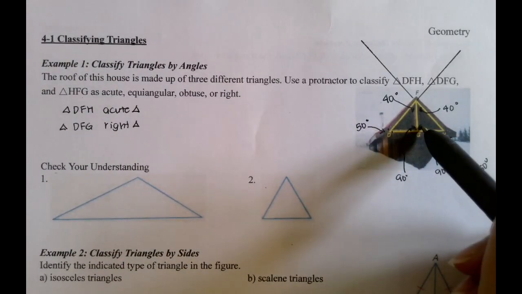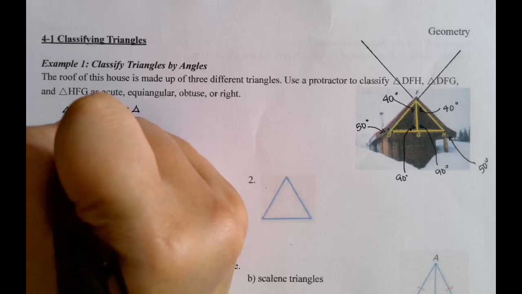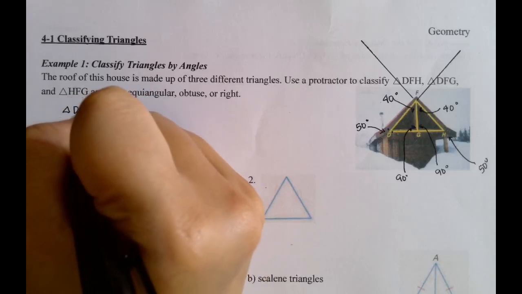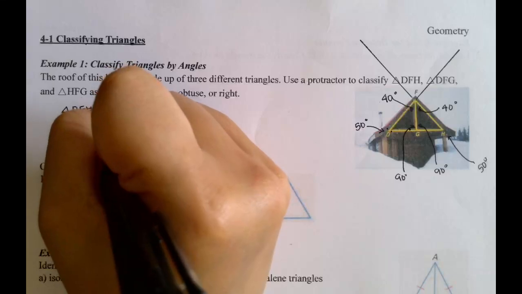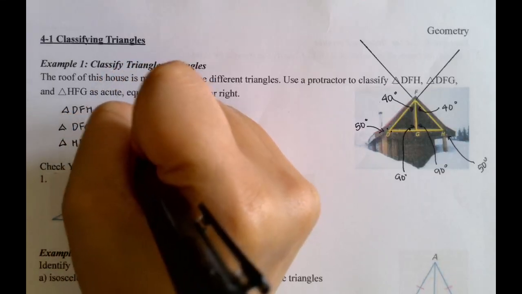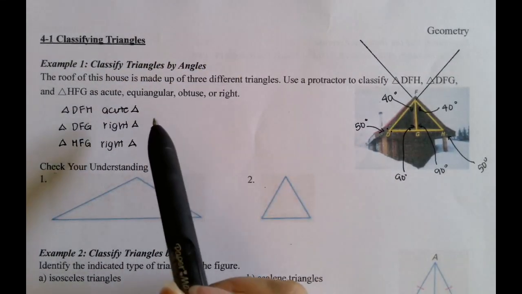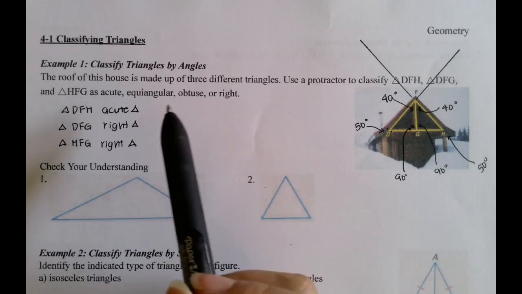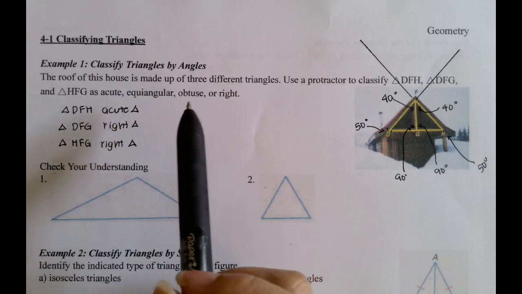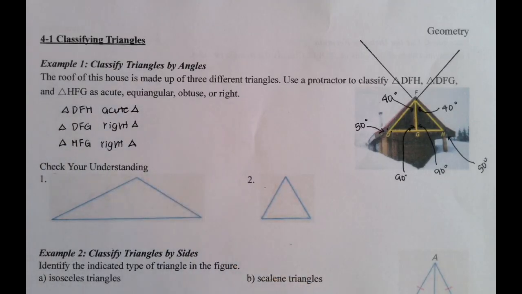So that's 40, 90, and 50. And so this HFG, because of the 90-degree angle, would be a right triangle. In this case, there is no equiangular triangle because none of them have 60 degrees for each angle, and none of them were bigger than 90 degrees, so none of them are obtuse.